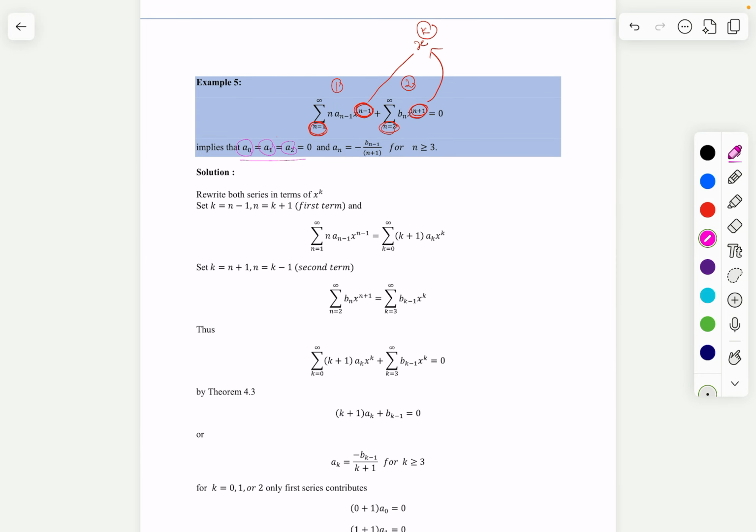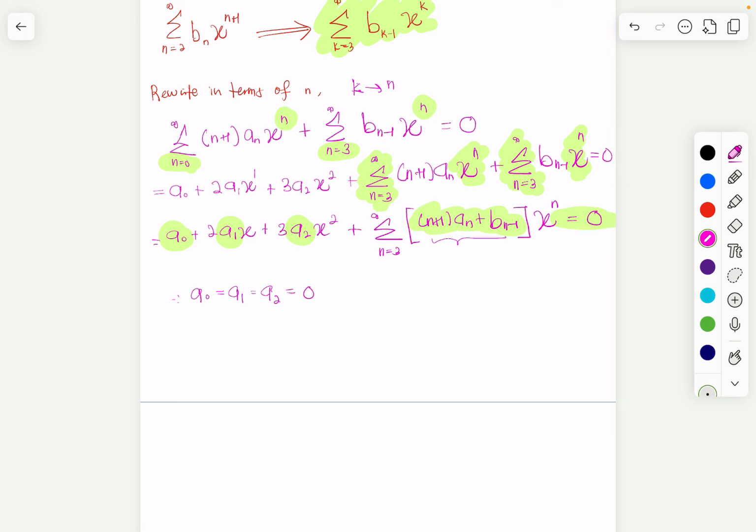For the second part, this should also be equated to 0, because for the whole to be 0, that part should be 0. So what we have is n plus 1 a_n plus b_n minus 1 equals 0. We want a_n to be the leading term, so we can rewrite it as a_n equals negative b_n minus 1 divided by n plus 1.